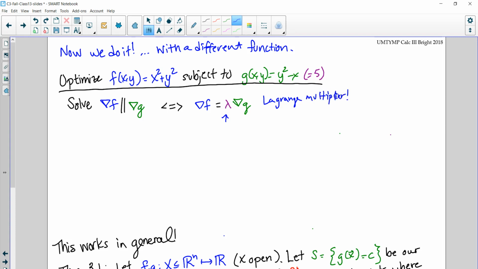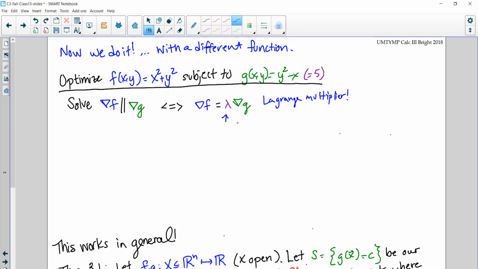Okay, so all I have to do to optimize this according to this process is solve this equation, and well, there's technically one thing more that we need to do.